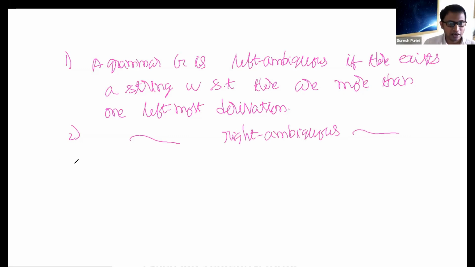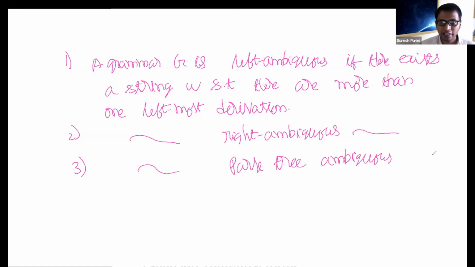And then we can have a third definition, that is, we can say that a grammar is parse tree ambiguous if there exists more than one parse tree for the same string W.